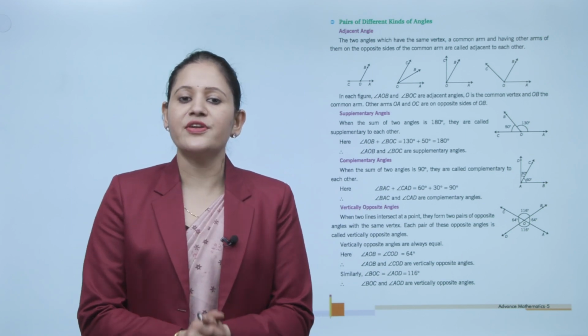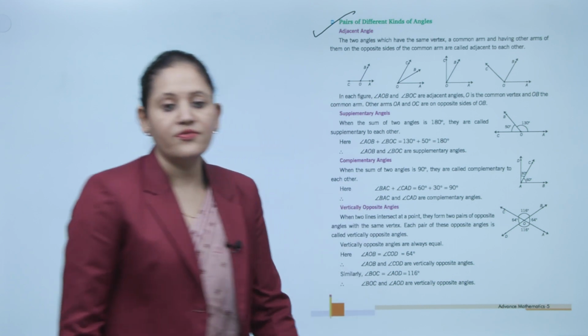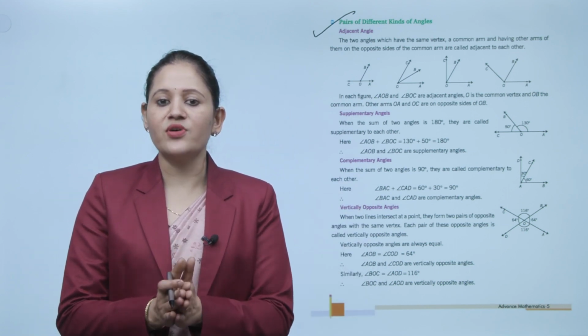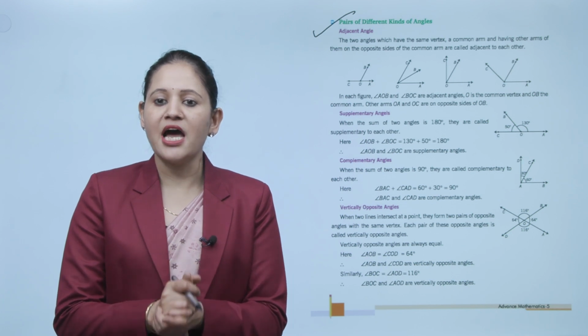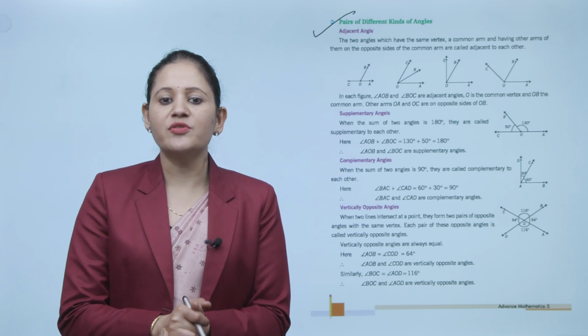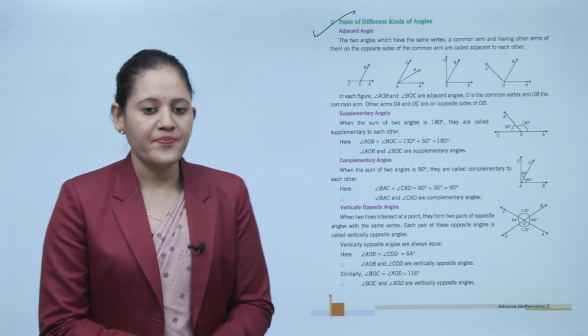Next is pair of different kinds of angles. First is adjacent angle. The two angles which have the same vertex and a common arm, having the other arms of them on the opposite sides of the common arm, are called adjacent angles of each other.